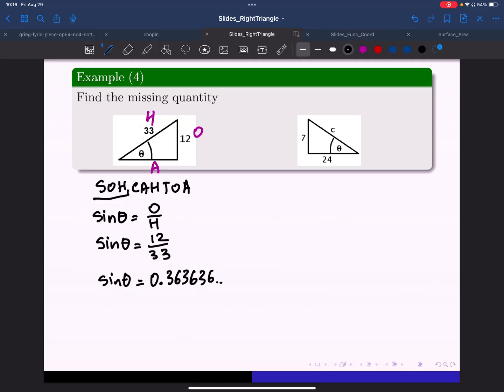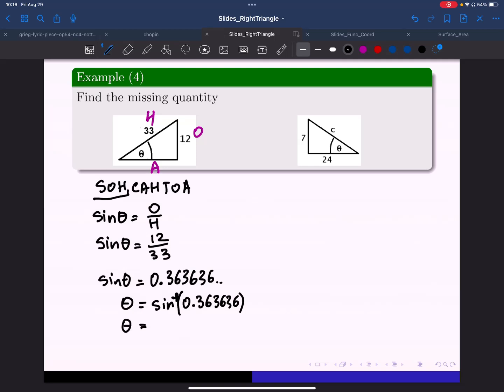So my theta is gonna be equal to sine inverse of 0.363636. Sine inverse on calculator, we need to use either the second function or the shift. Right above the sine, you should see the button sine inverse.